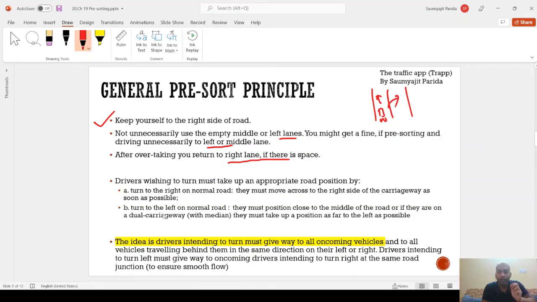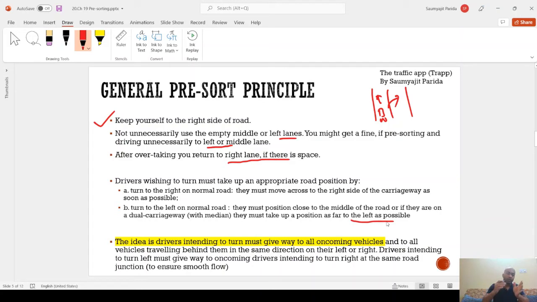If I am going to turn left, then I must position close to the middle of the road, or if it is a dual carriageway with a median, then I must take up a position as far to the left as possible. This has been a very confusing concept to understand.